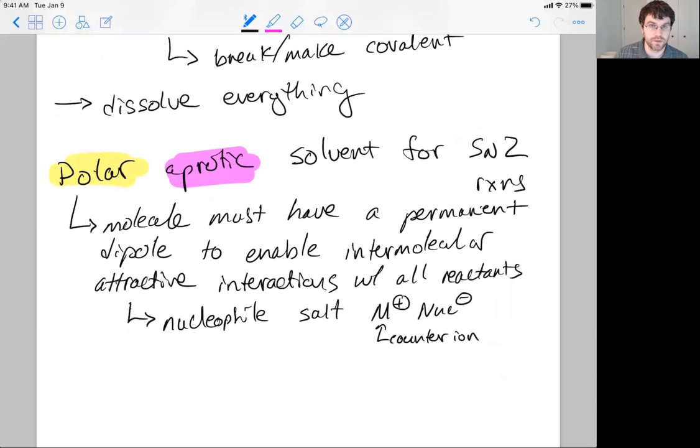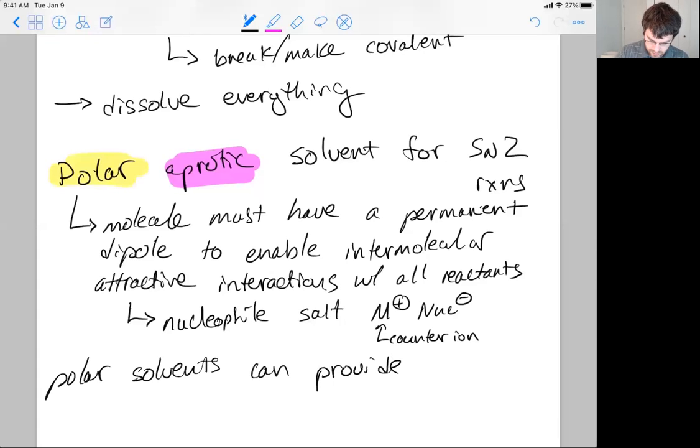If we're polar enough, then the anion can form dipole anionic interactions between the solvent and the nucleophile. So polar solvents can provide, in this case, delta plus interactions on the solvent.